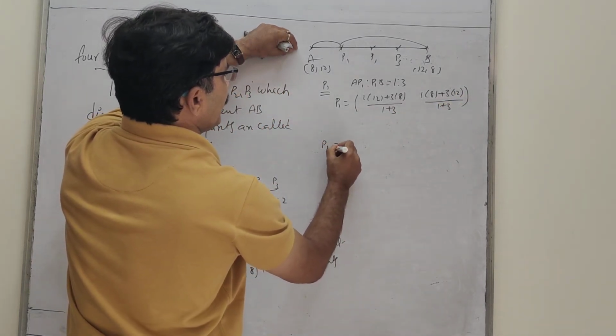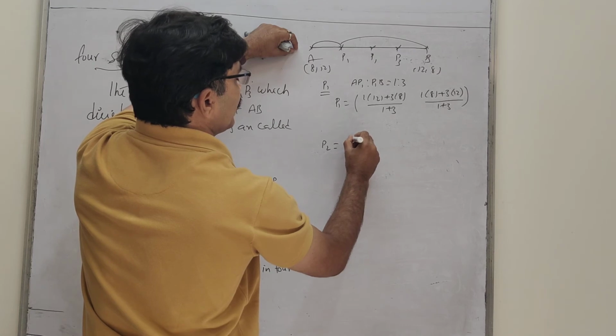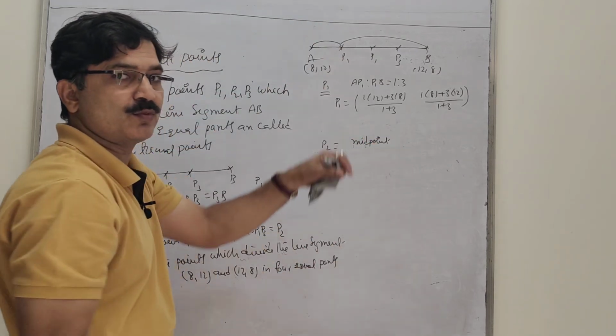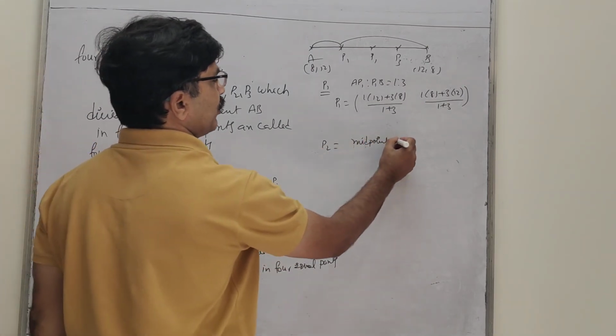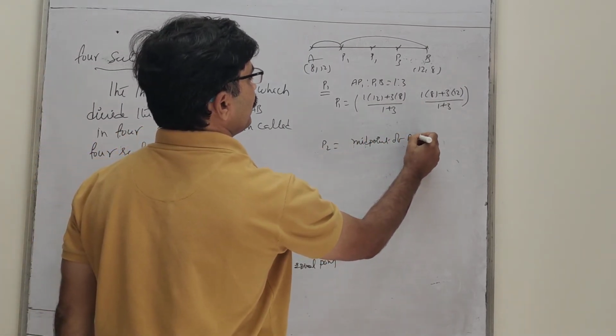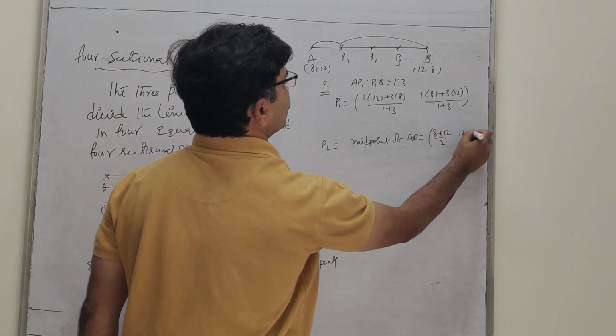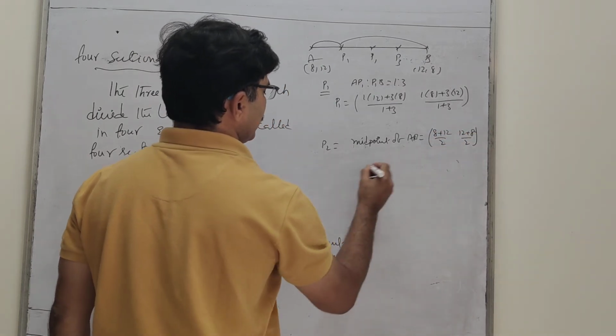Now if you want to find P2, P2 is the midpoint. Instead of writing 1:1, you can simply say midpoint of AB. That means (8 plus 12) by 2 and (12 plus 8) by 2. This is P2.